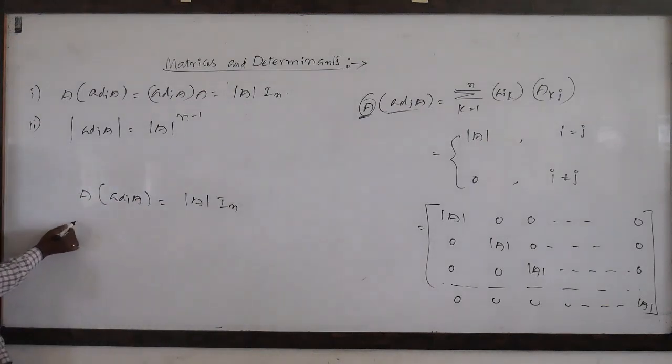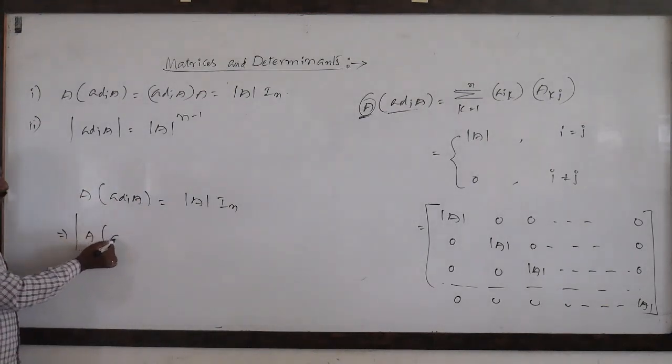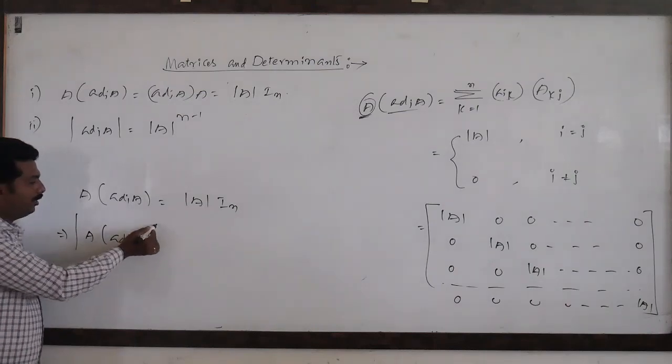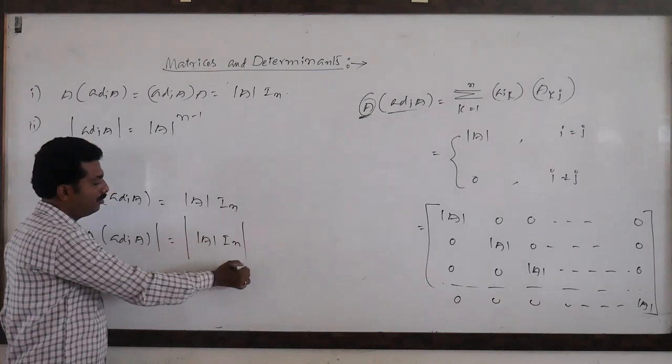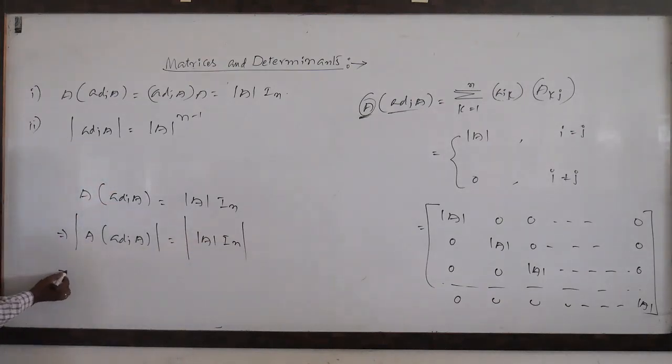Taking determinant on both sides, determinant of A into adjoint of A equals determinant of determinant of A into I_n.